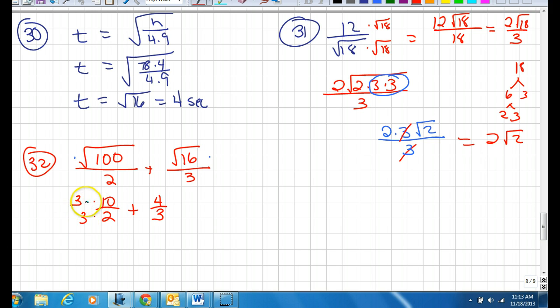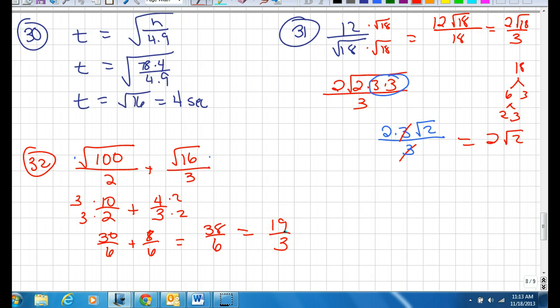We're going to multiply by 3 and multiply this one by 2. Okay? So we'll have 30 over 6 plus 8 over 6, which happens to be 38 over 6. Can I reduce that? Yeah. It ends up being 19 over 3.